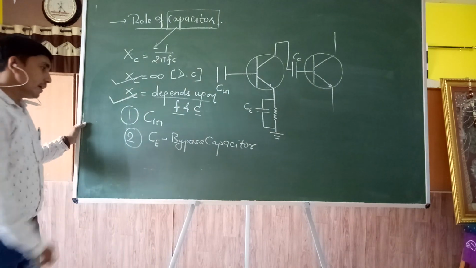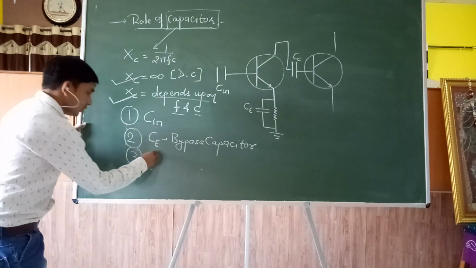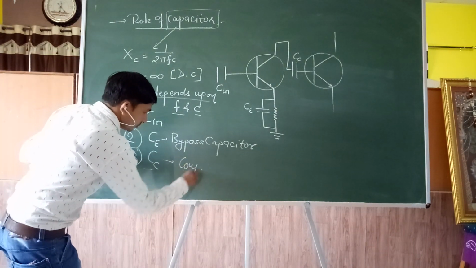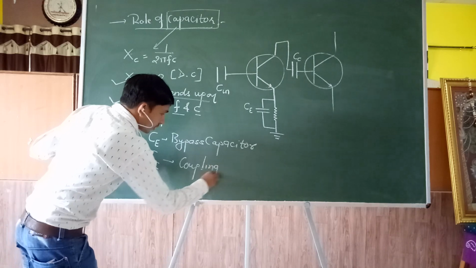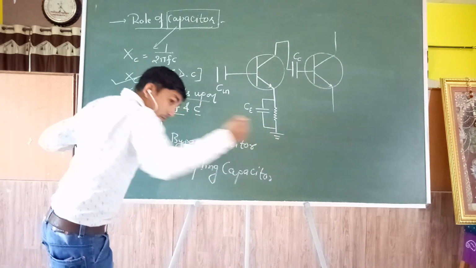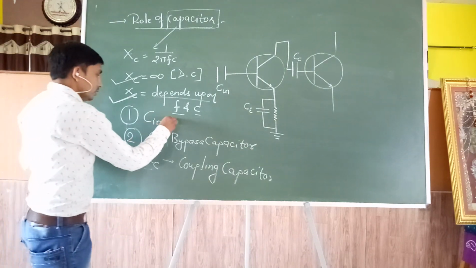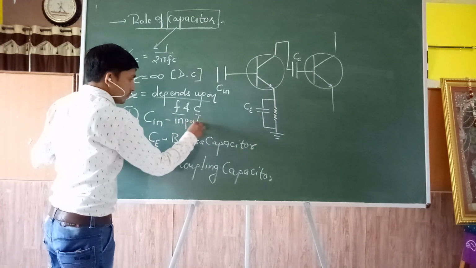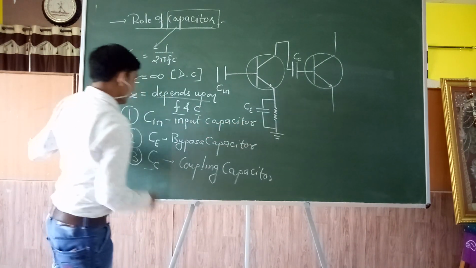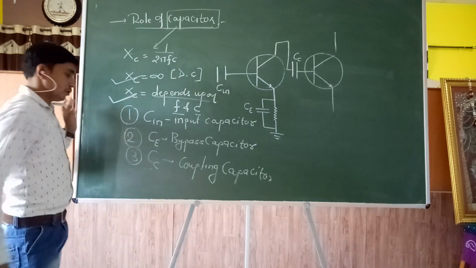The third one is CC, called the coupling capacitor. So these are the input capacitor, bypass capacitor and coupling capacitor.